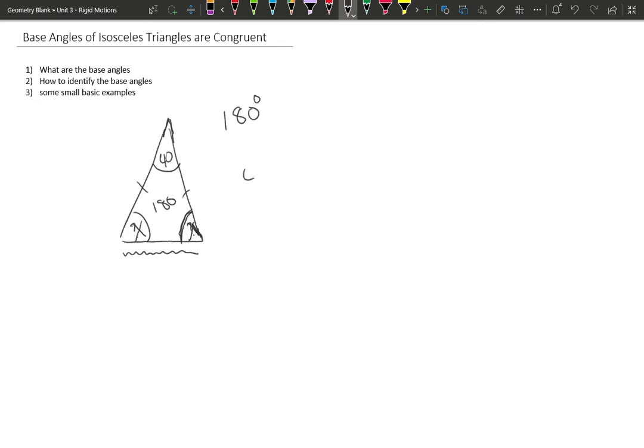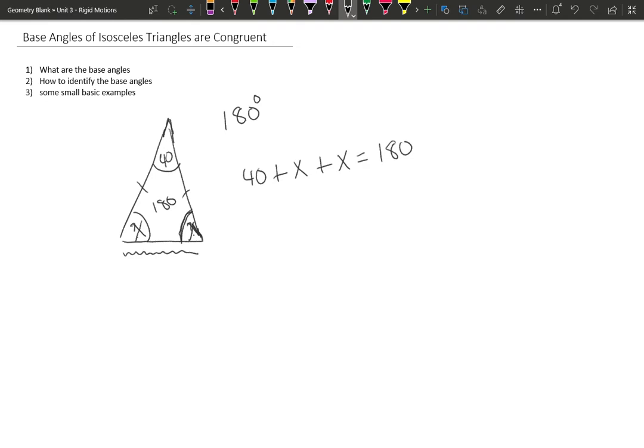So we could say 40, which is that top angle, plus this angle over here, plus this angle over there. When we add all three up, it must add up to 180.